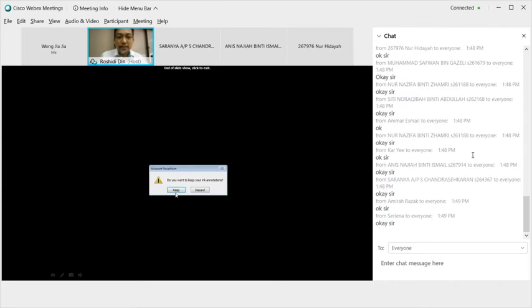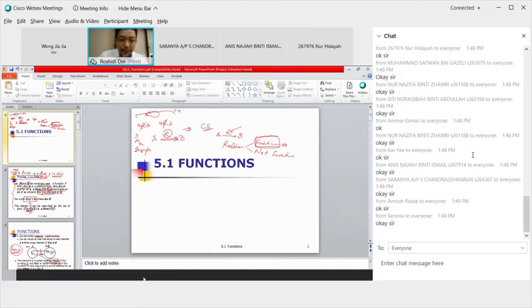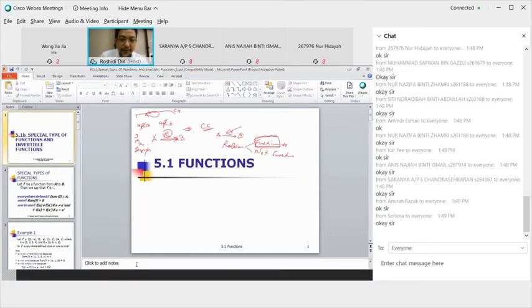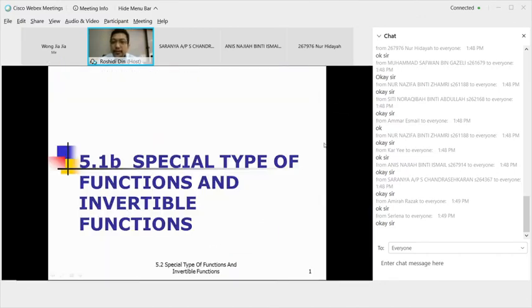Okay, now finish 5.1. We move to 5.2. In 5.2 we will talk about special types of function and invertible function.